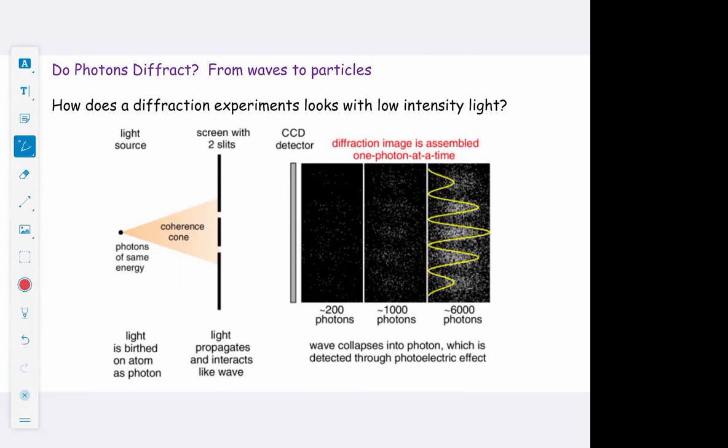And the answer is yes. And look what I have done, and I'm showing you here. We are not used to doing experiments with very low intensity, because very low intensity light means actually counting photons one by one. So this is what the transparency is showing here.